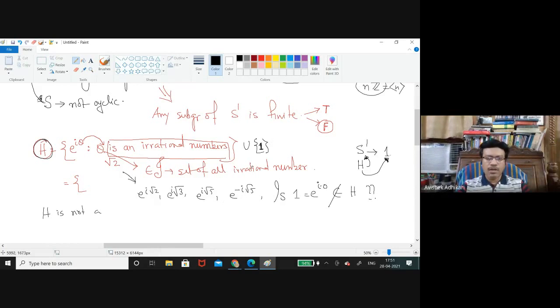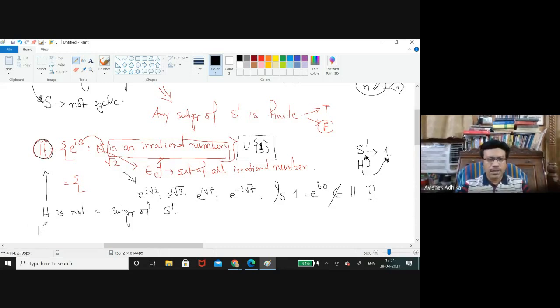Will all of you agree with that? First, let me check if H is a subgroup or not. Without considering the union with 1, H is not a subgroup of S1. Very good.